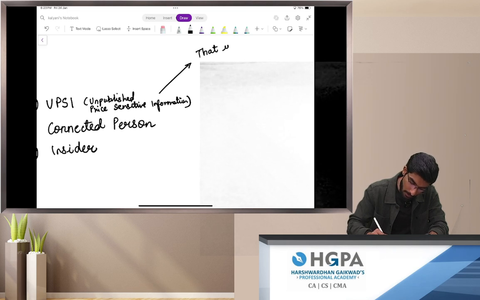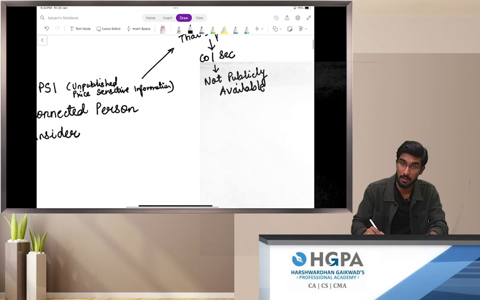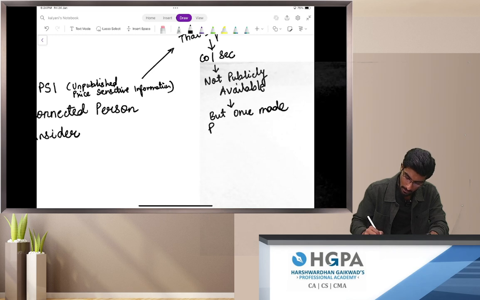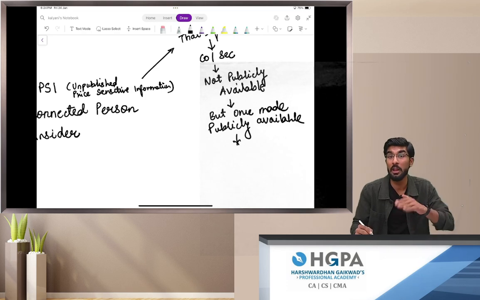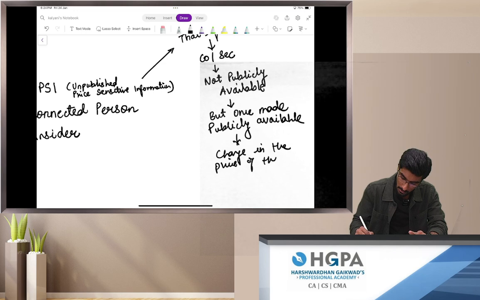That information about a company or its securities that is not publicly available, but once made publicly available can cause change in the prices of the stock of that company.